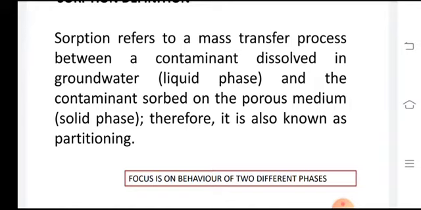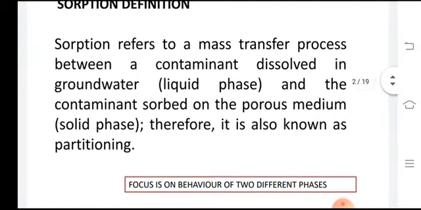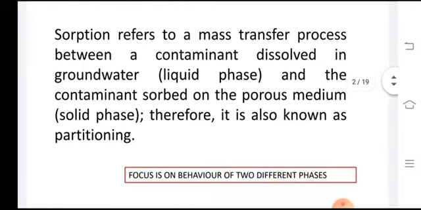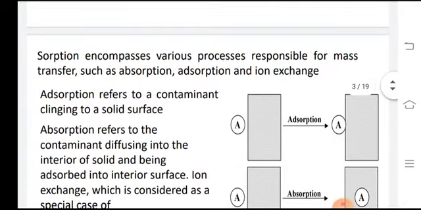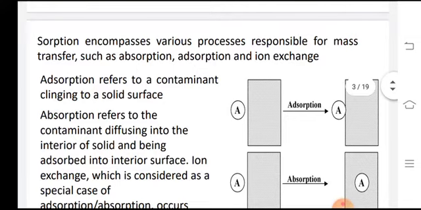So this is the process of sorption, in which we talk about the liquid phase and the solid phase. It is all about the transfer of mass flux from the aqueous to the solid phase. Sorption encompasses various processes by which it can take place.